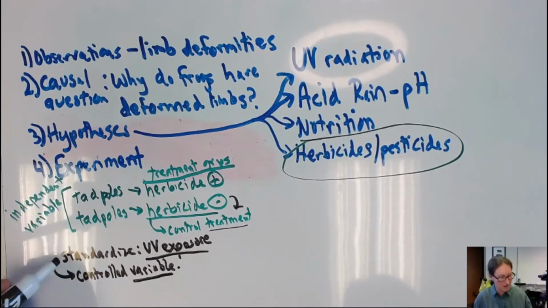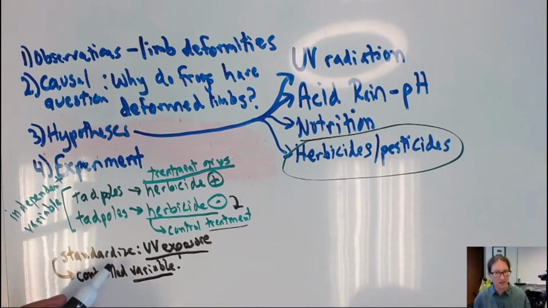And I can keep going with what I standardize, right? The more other factors that I can standardize, the more clear the outcome of my experiment is going to be that if herbicide is a contributor, yes, that is the thing that's causing frogs to have deformed limbs.